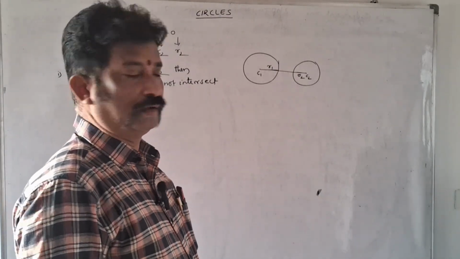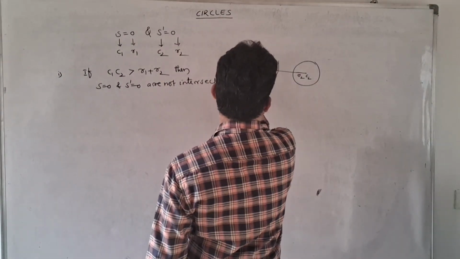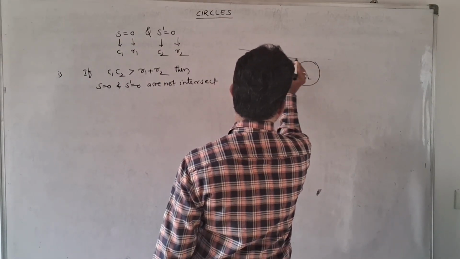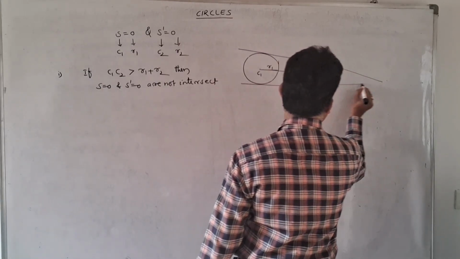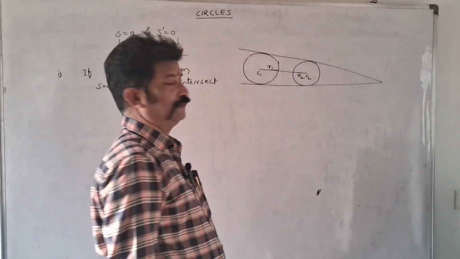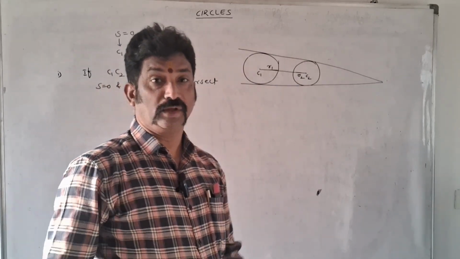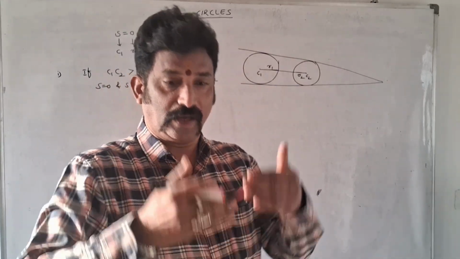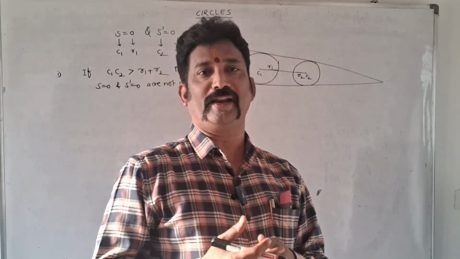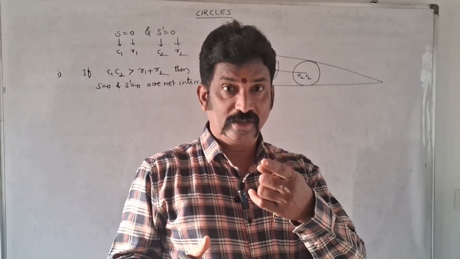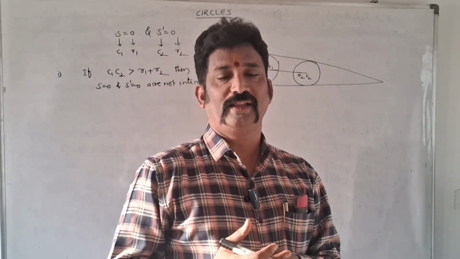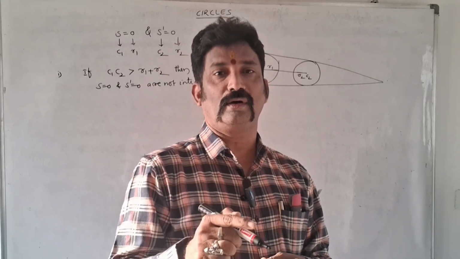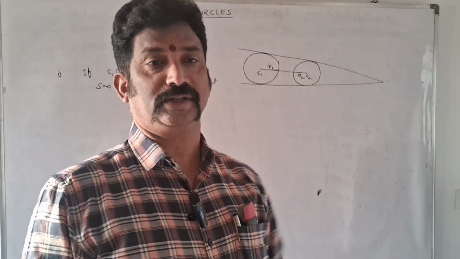Now here, draw the tangents like this. If the two circles lie on the same side of the line L, then that line L is called a direct common tangent.